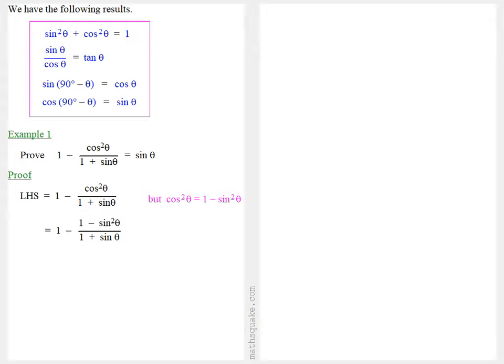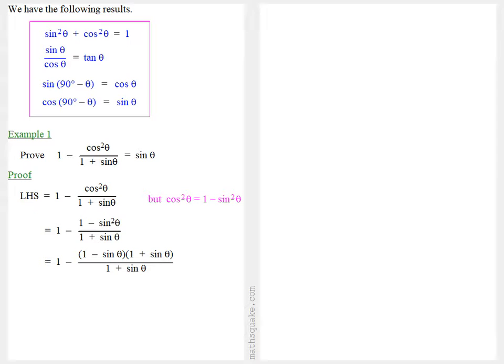So we can change the cos squared theta on the top into 1 minus sine squared theta. So that gives us the left-hand side is equal to 1, take away 1 minus sine squared theta, over 1 plus sine theta. Now, on the top, 1 minus sine squared theta factorizes.